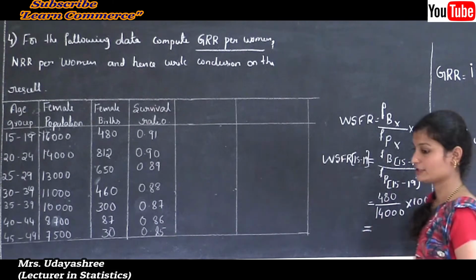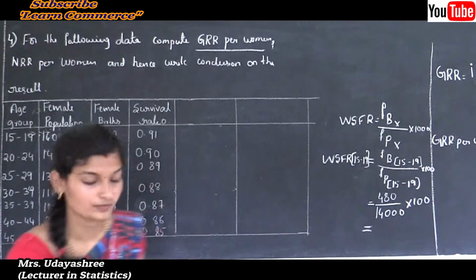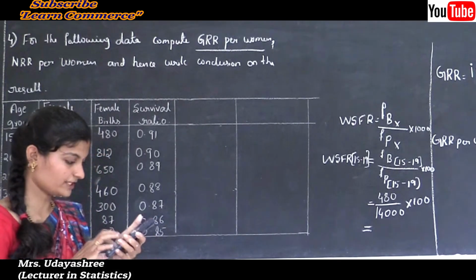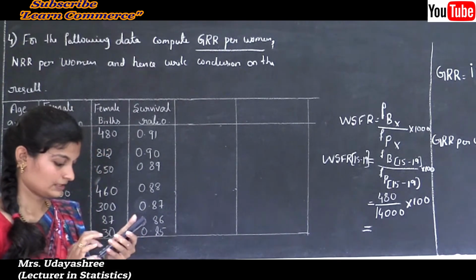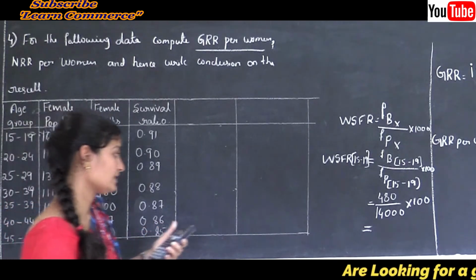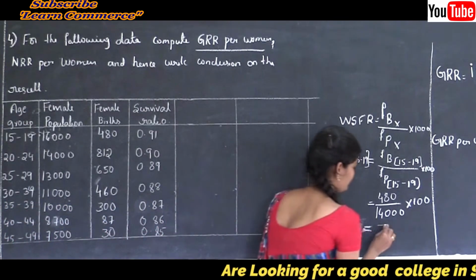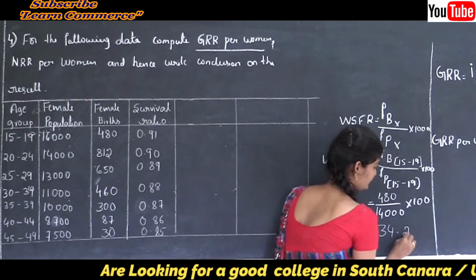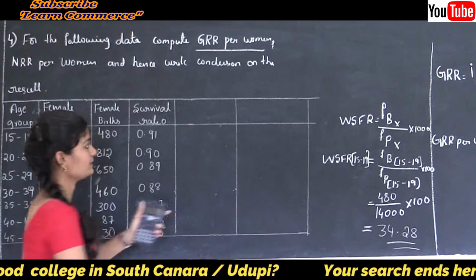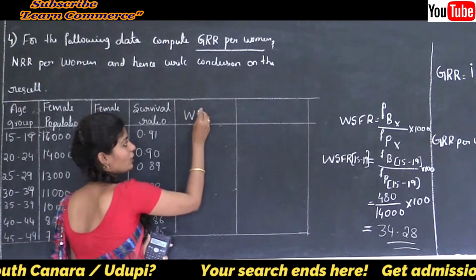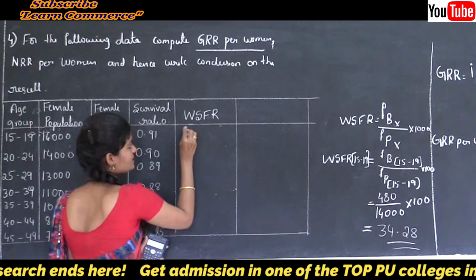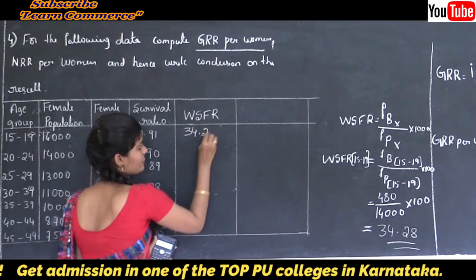This is equal to 480 divided by 14,000 into 1000, that is 34.28. Similarly, remaining observations I will write here. So I will write here column name is WSFR. Here first observation is 34.28.